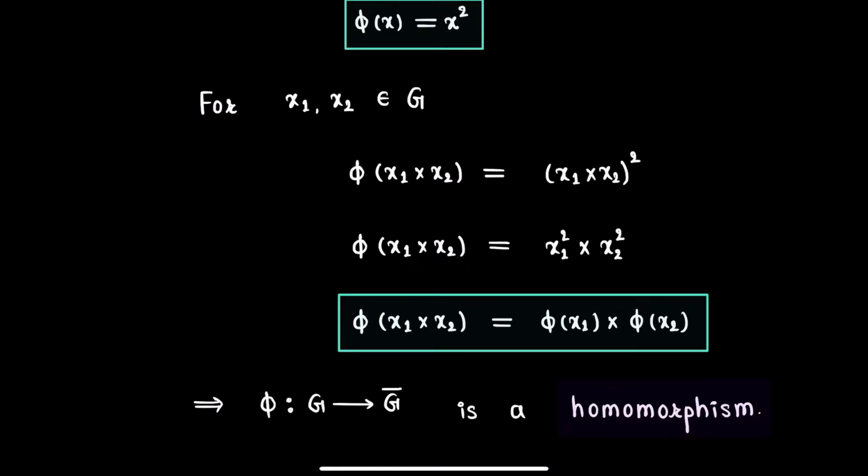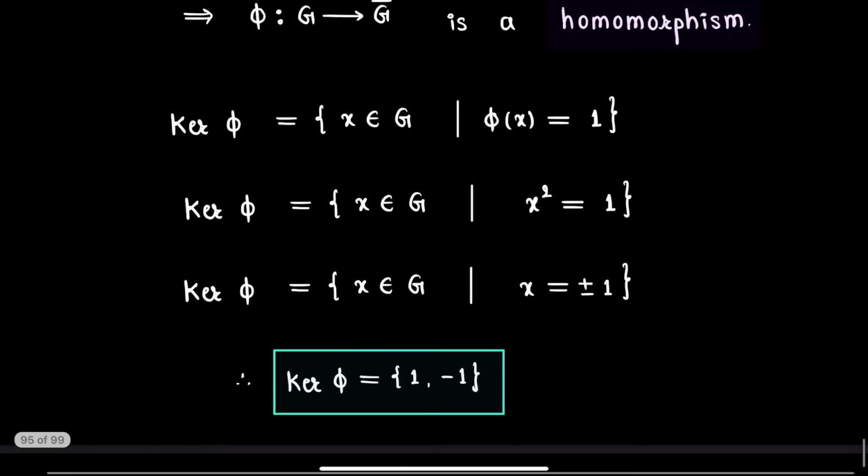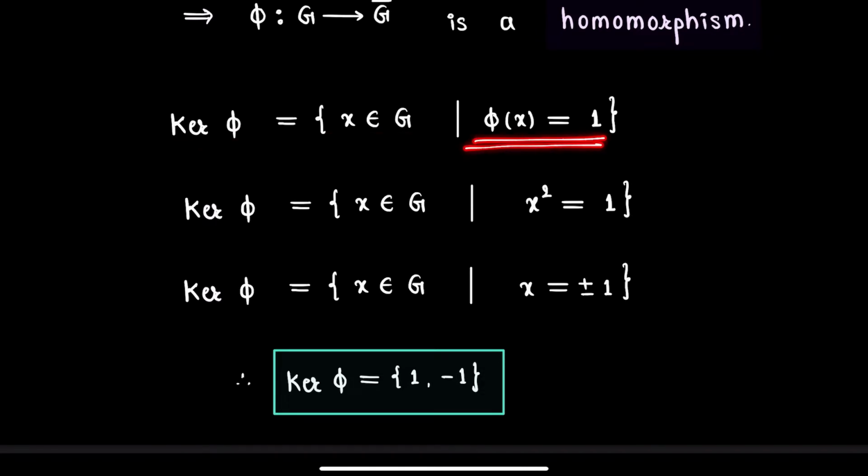Now we have to find the kernel of this homomorphism. So here kernel phi is the set of all those elements x in group G such that phi of x is equal to 1. Here 1 is the identity element for the set of non-zero real numbers under multiplication.